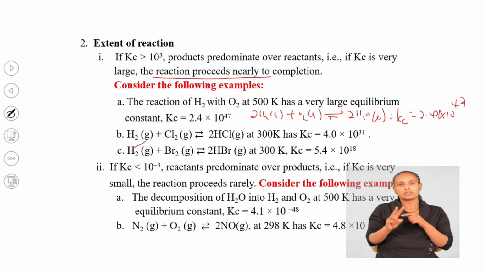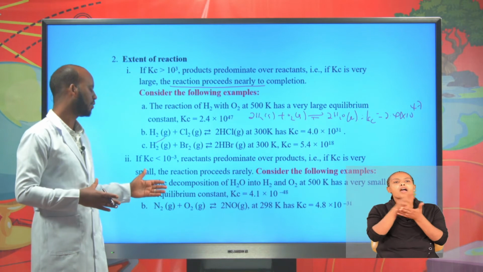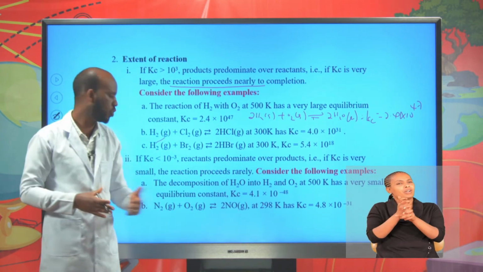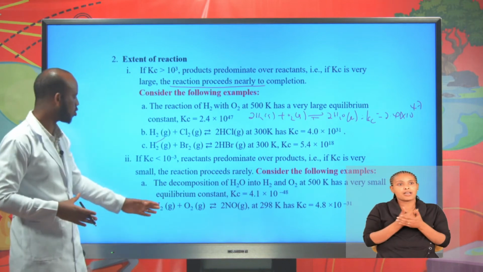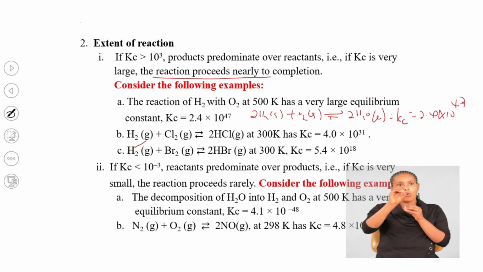Look at the value of Kc, 4.1 times 10^-48, which is very small. This shows that this reaction proceeds hardly to completion. Again, nitrogen gas plus O2 gas to form nitrogen monoxide. The value of Kc is very small.